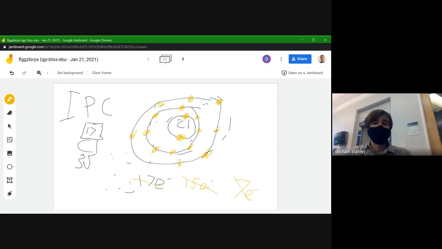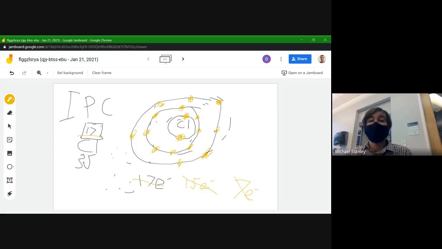We put 2 on the first shell. We still had some more, so we put 8 on the second shell. That one was full, so we put our final 7 around the third shell. So we have a total of 2 plus 8 is 10, plus 7 is 17 electrons: 2 on the first shell, 8 on the second shell, and 7 on the third shell.